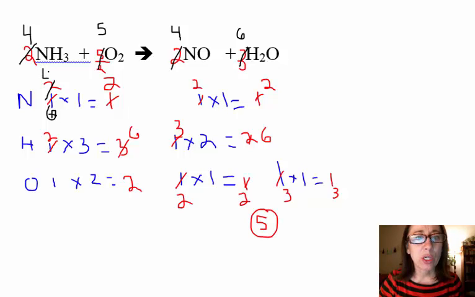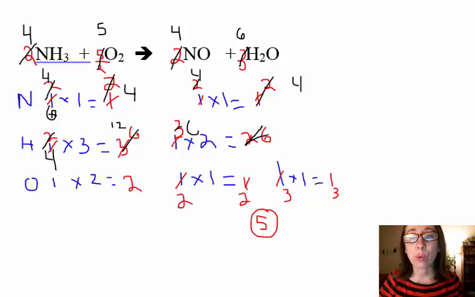I'm going to multiply for nitrogen a coefficient of 4 times 1, which will give me a total of 4 nitrogens on my reactant side. On my product side, 4 times 1 gives me 4. So my nitrogens are balanced. For my hydrogens, 4 times 3 gives me a total of 12 hydrogens on my reactant side. And then on my product side, 6 times 2 gives me a total of 12.